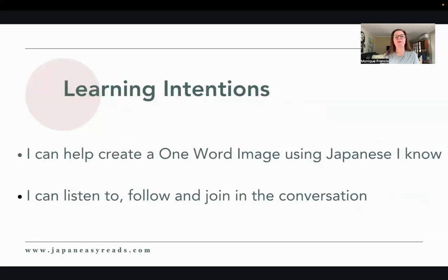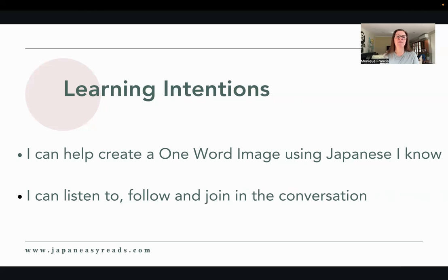If you're thinking of the learning intentions, you might phrase them like this: I can help create a one-word image using Japanese that I know, and I can listen to, follow, and join in the conversation. That is very much a learning intention and an expectation.